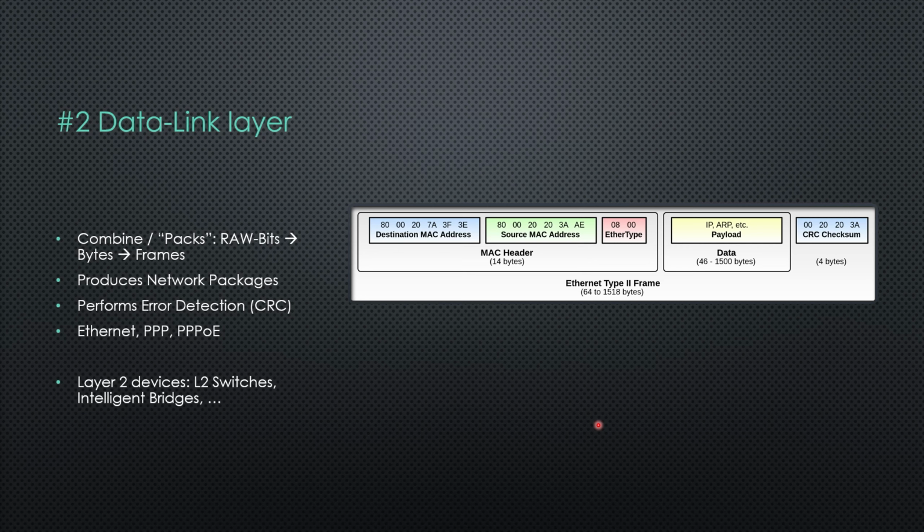Some examples for some data link layer protocols are Ethernet. This is the most common thing that we are also going to use. This is, for example, the Ethernet frame, so we can have the source address and the destination address, but not from the IP address standpoint. It's from the MAC address standpoint.